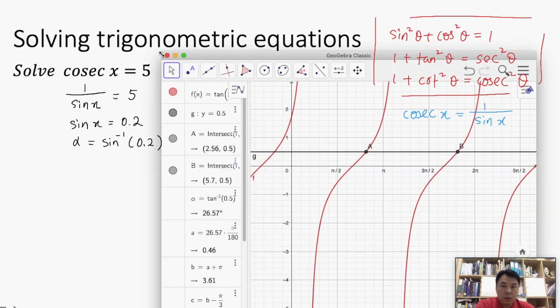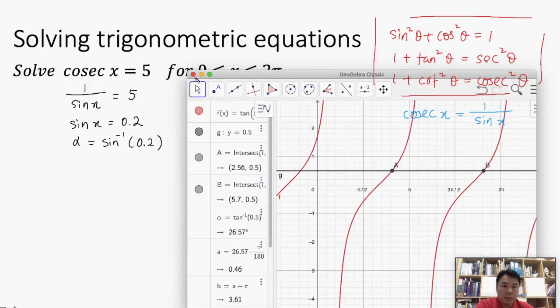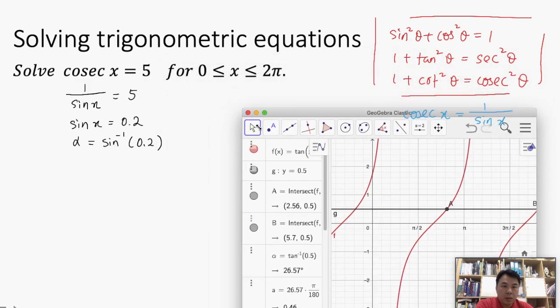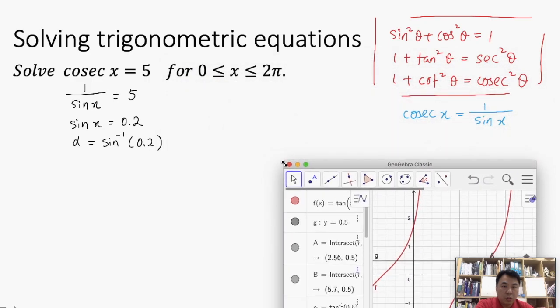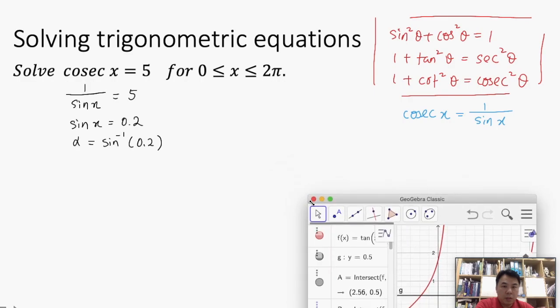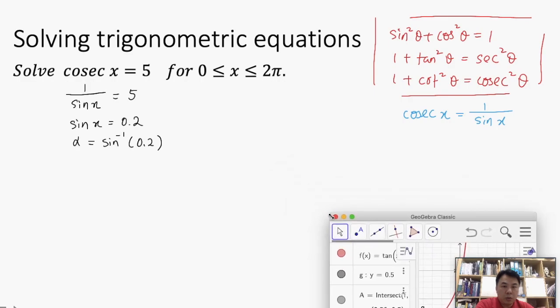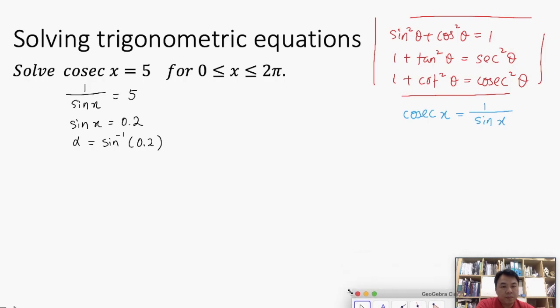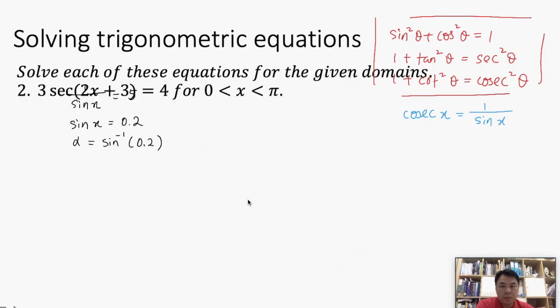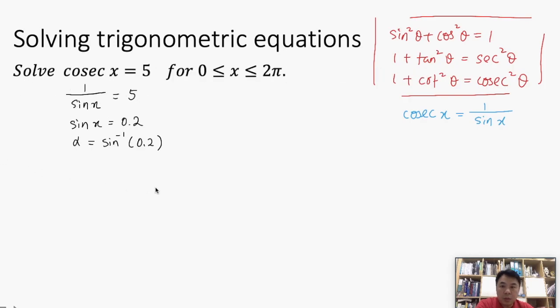Let me see what I have there. Let me make it smaller a bit. All right, too small already. Hold on, let me go back to the previous one. Yes, this is where we are.